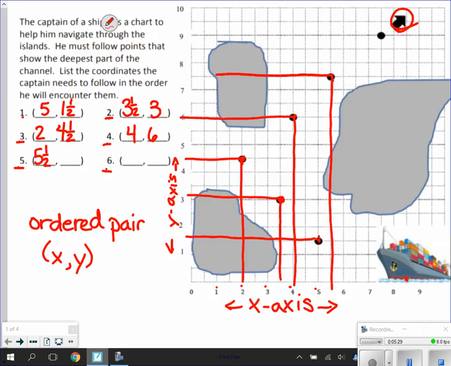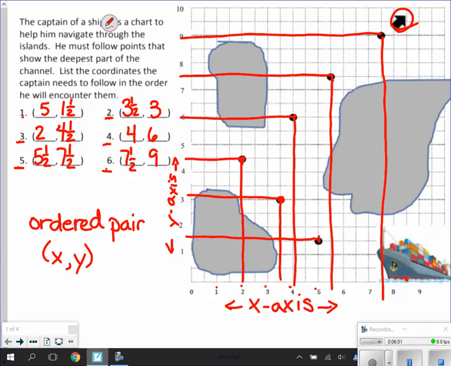And across to 7.5. And then the very last one, seven and a half, and 9. So you got those right. Give yourself a little pat on the back.